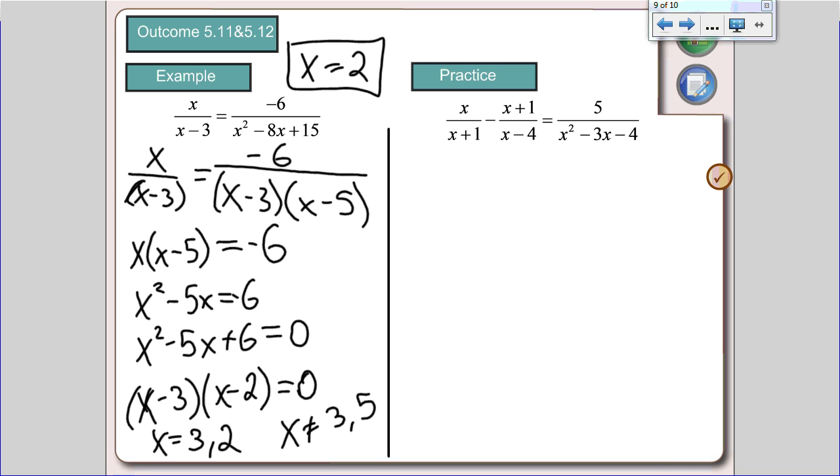And that'll be easier. So factor that thing, and you get x over x plus 1 is the first term, minus x plus 1 divided by x minus 4 is equal to 5 over x minus 4, x plus 1.